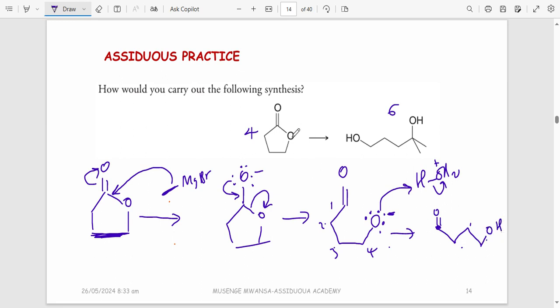What happens in the next step? Another Grignard, the same as the one that we had used earlier, will come in. Just 1 carbon, isn't it? So this will again come and attack. This bond also gets to break. Okay. And when that happens, we'll go up.